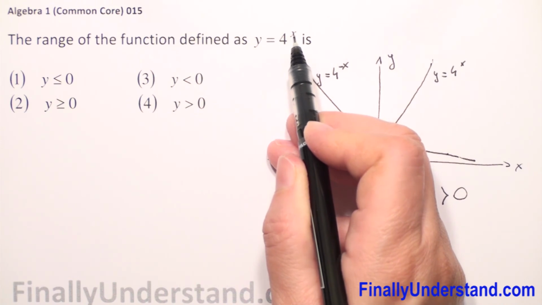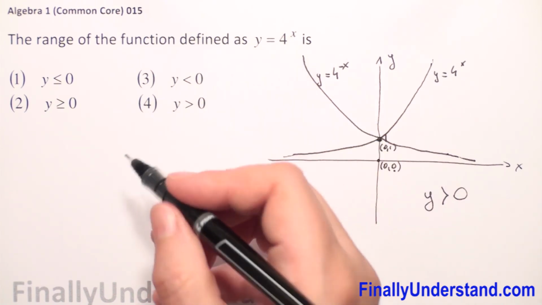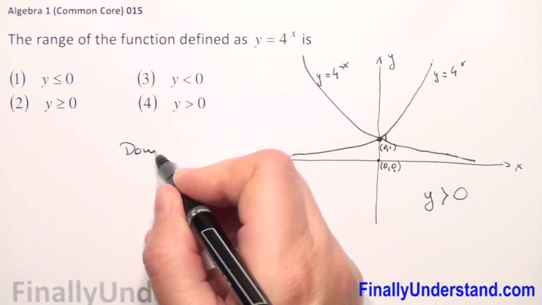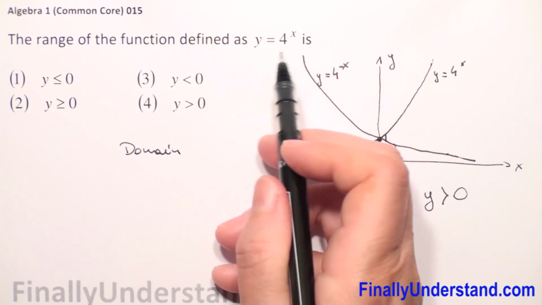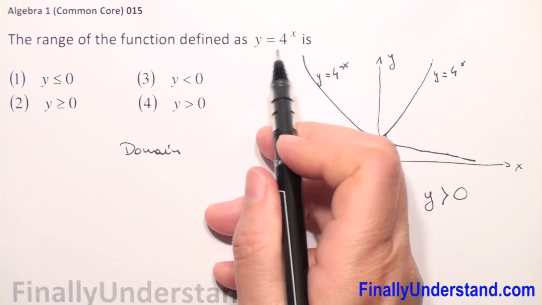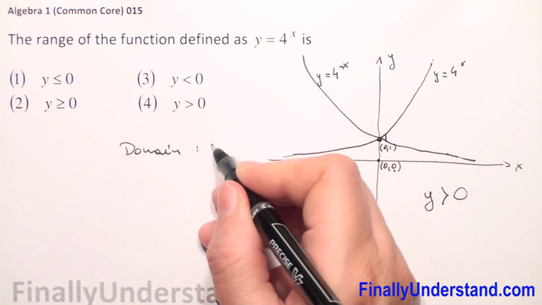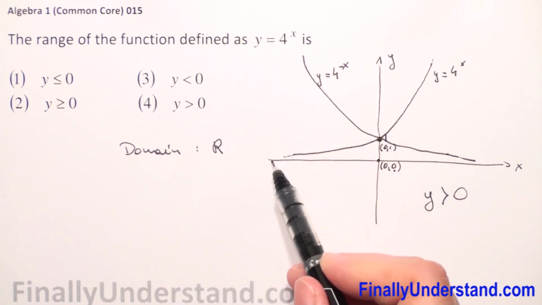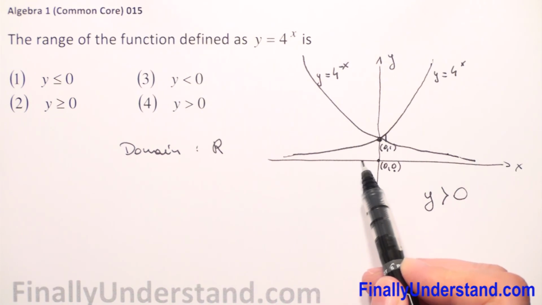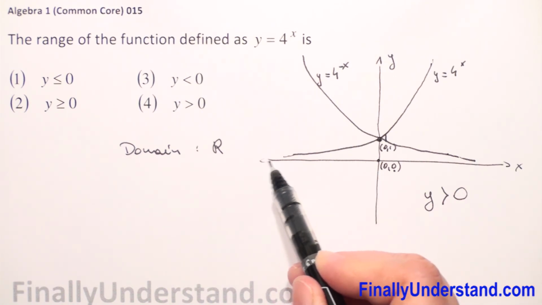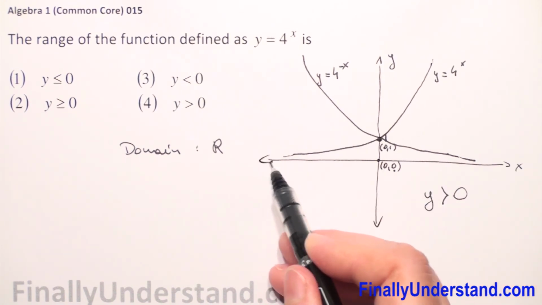X can be every real number, so the domain of the exponential function y equals 4 to the x is all real numbers. We can take every real number from negative infinity to positive infinity.